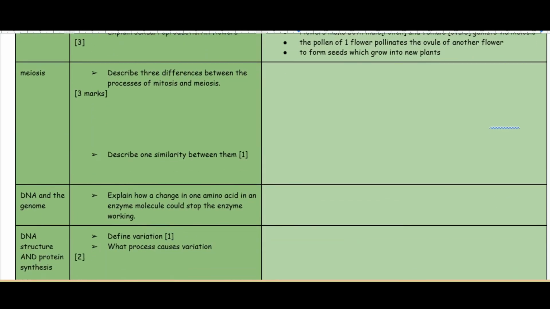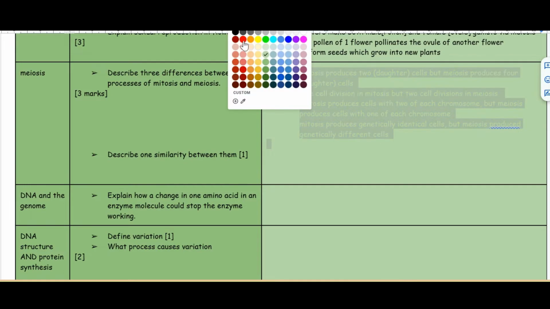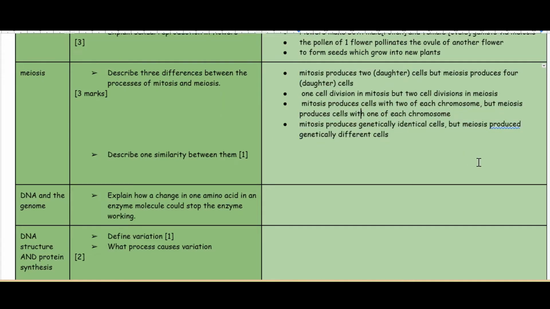The next subtopic, meiosis. Describe three differences between the processes of mitosis and meiosis. Mitosis produces 2 daughter cells, however meiosis produces 4 daughter cells. There's only one cell division that occurs in mitosis, but there are actually 2 cell divisions that occur in meiosis.